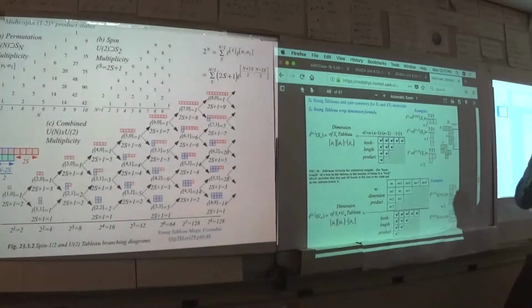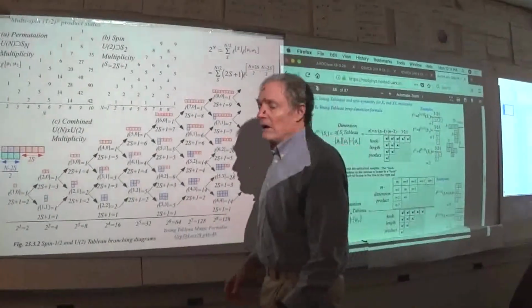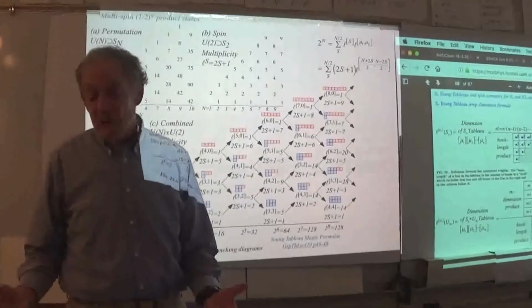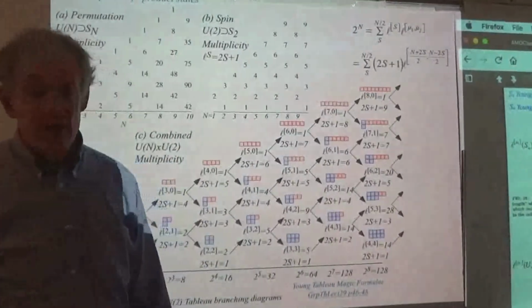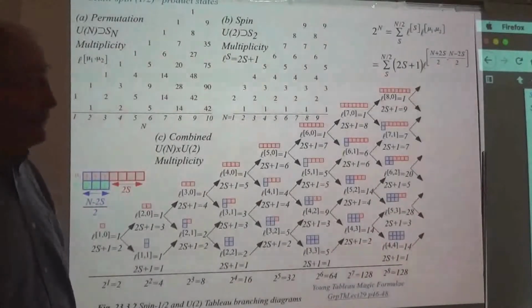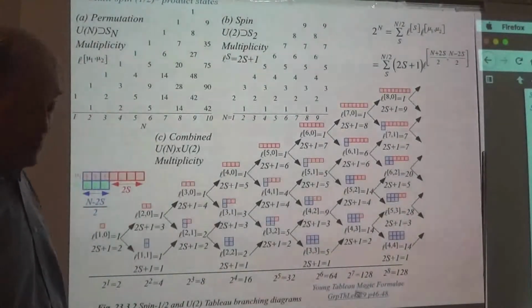You get them instantly here for huge groups. So that's why I call this the most powerful mathematical notation that's been discovered in mathematical physics. And it's just starting. We're just scratching the surface of this amazing thing.